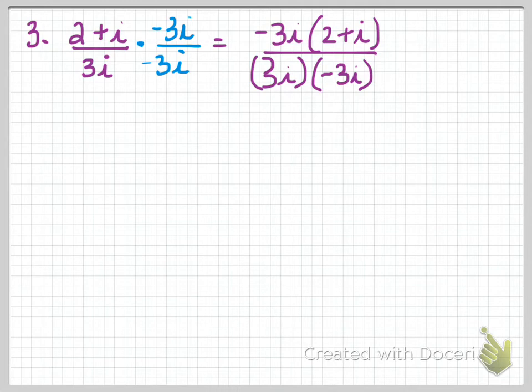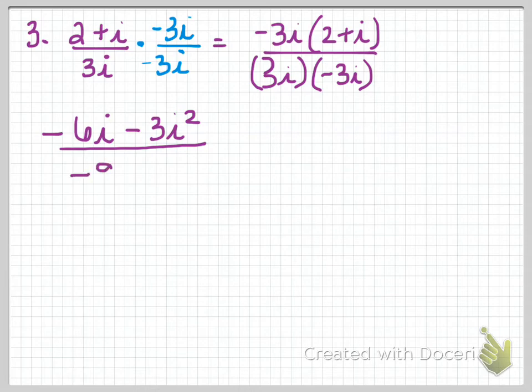So in the numerator, when we distribute negative 3i, we get negative 3i times 2 is negative 6i, and negative 3i times i is negative 3i squared. I meant to say times i there. Then in the denominator, 3i times negative 3i will give us negative 9i squared.